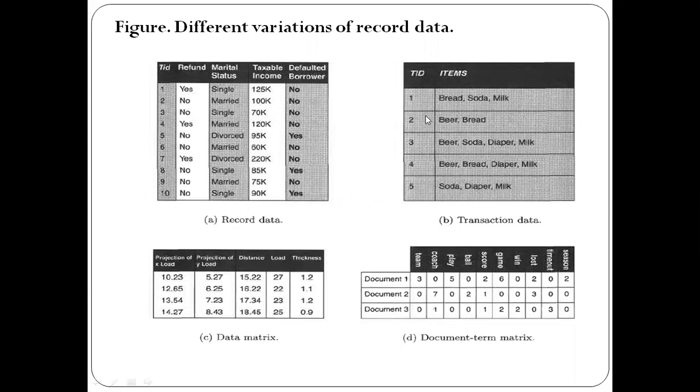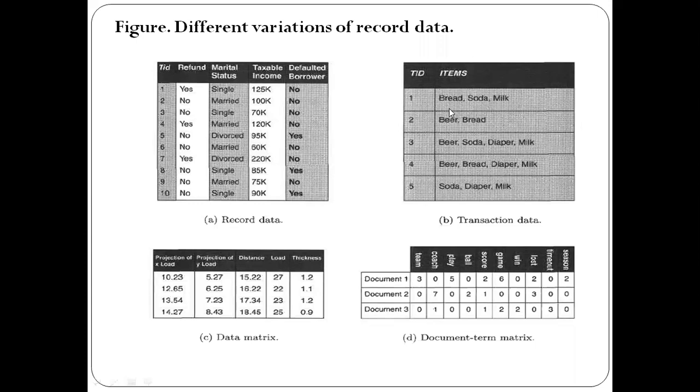When they shop, they purchase some set of items, and those items or products will be placed in a transaction or market basket record. Each individual product is nothing but an item.